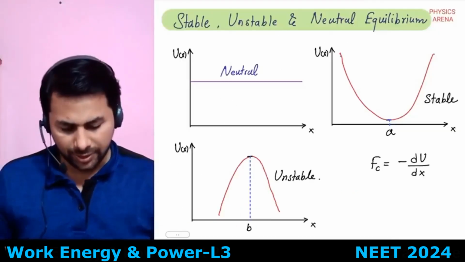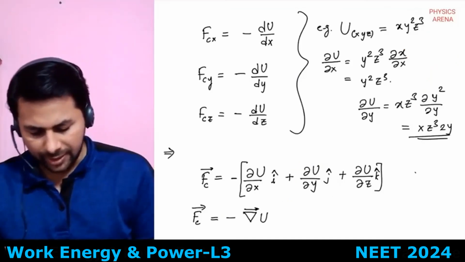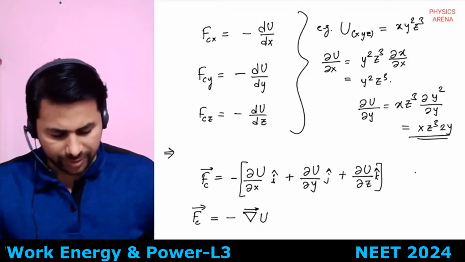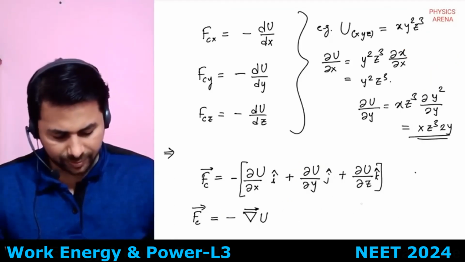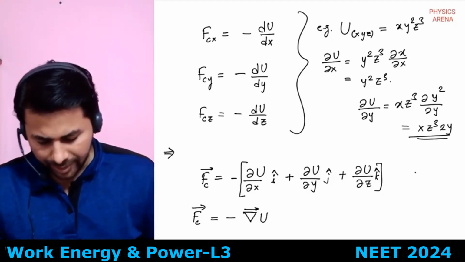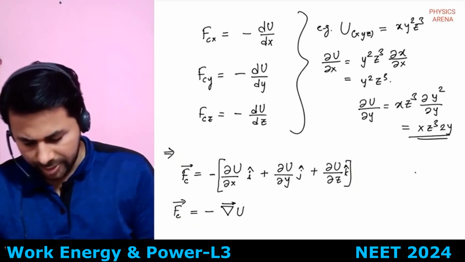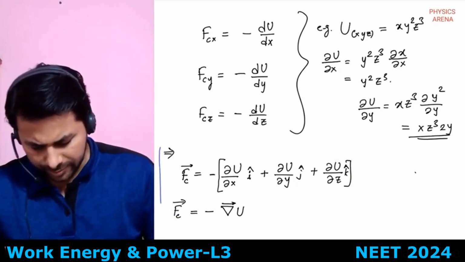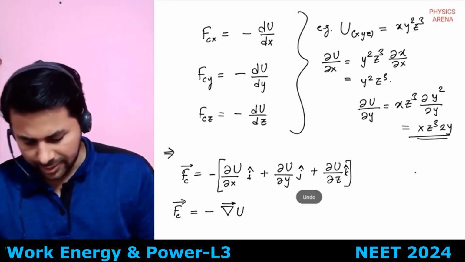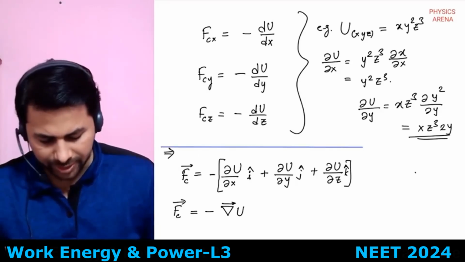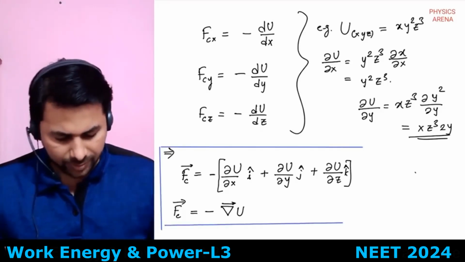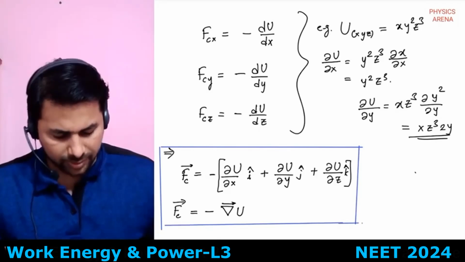operator. Okay, so this inverted triangle is just called what? Del operator, right? We have to remember this, because there is a chance that a question can be based upon this also.